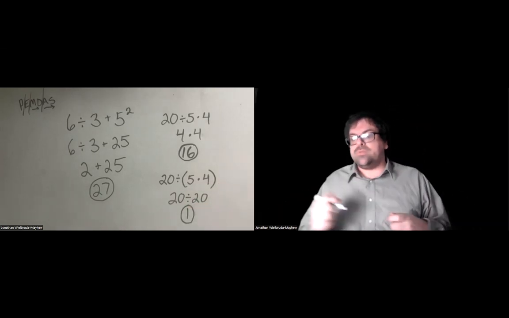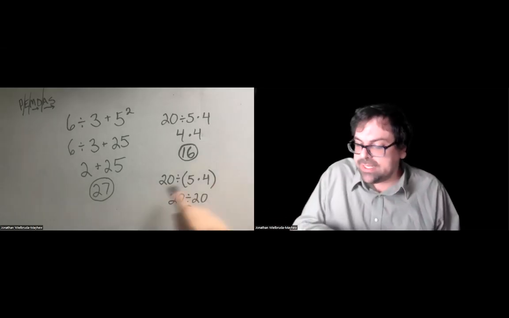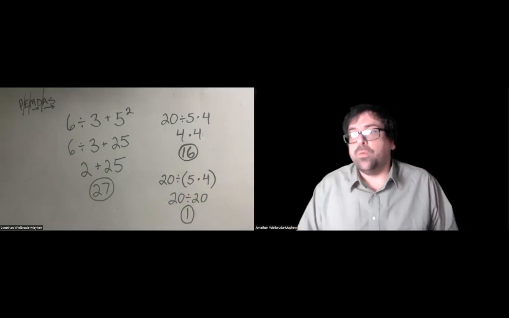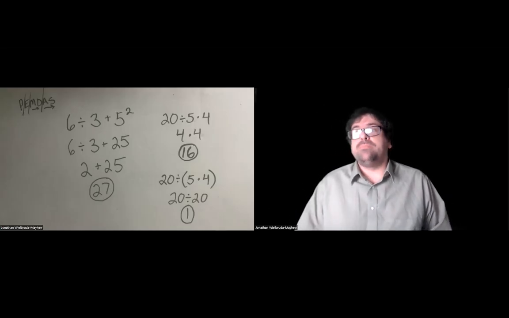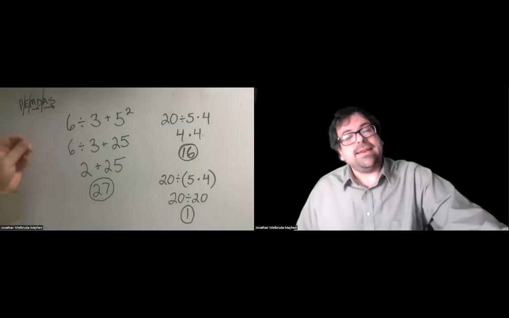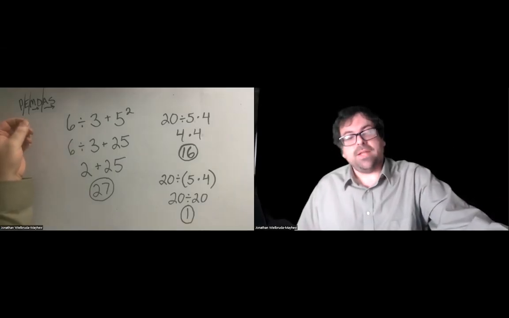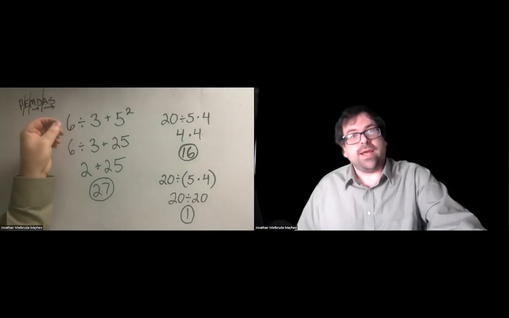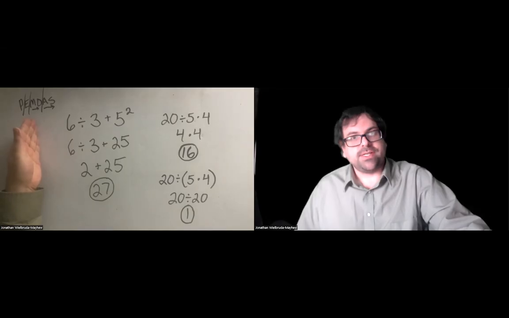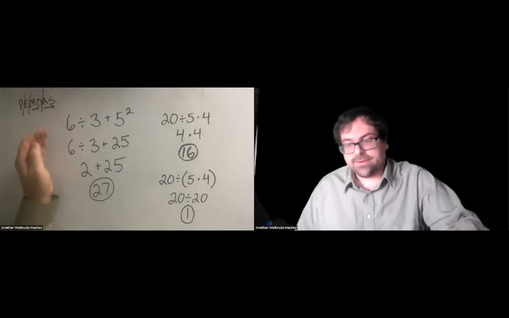So written like this with parentheses around the 5 times 4, that's the only way that these numbers work and give you 1. So order of operations is important to follow, and understanding that multiplication and division is in 1 step left to right. Addition and subtraction is in 1 step left to right. It's not multiplication first. It's not addition first. That won't always be the case.